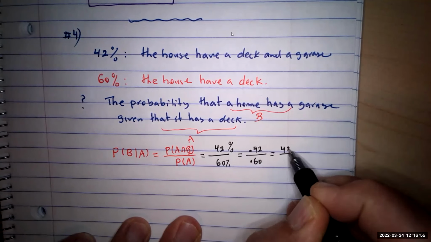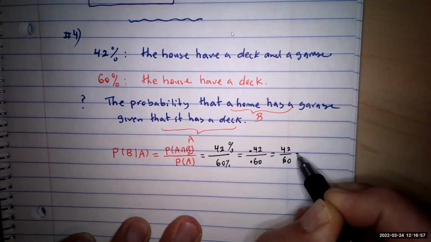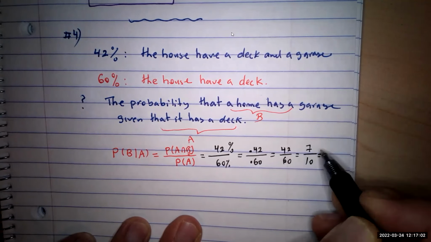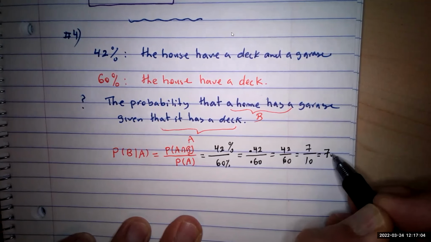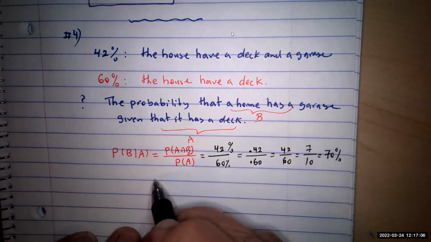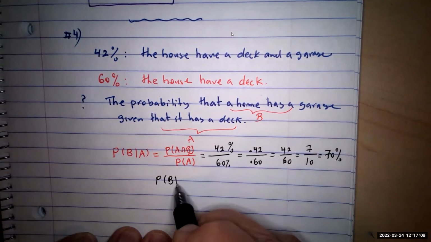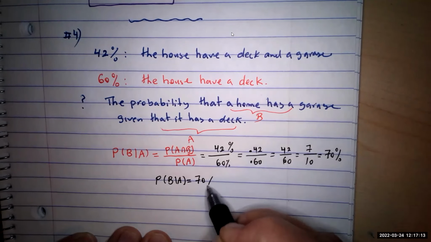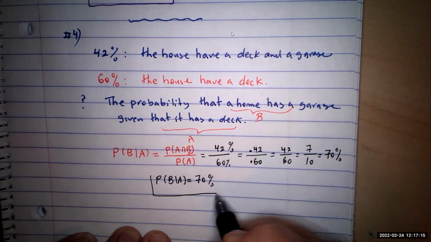Like 42 over 60, that's 7 tenths, which is 70%. So probability of B given A is going to be 70%. And you're done.